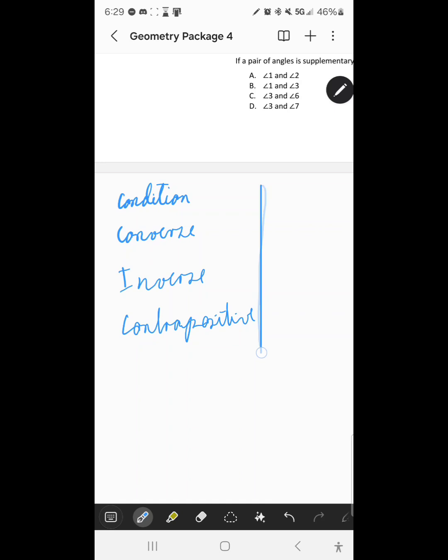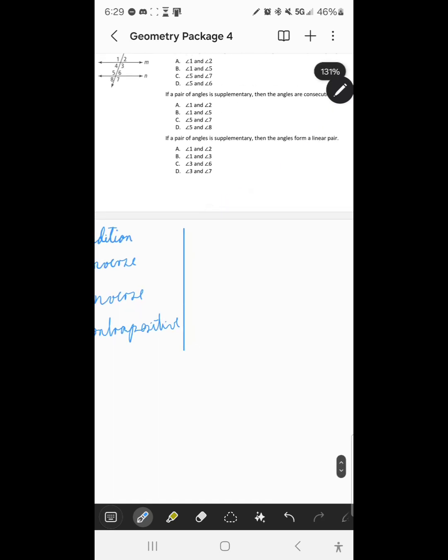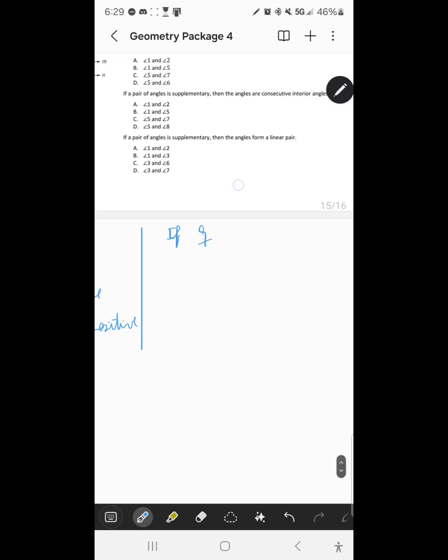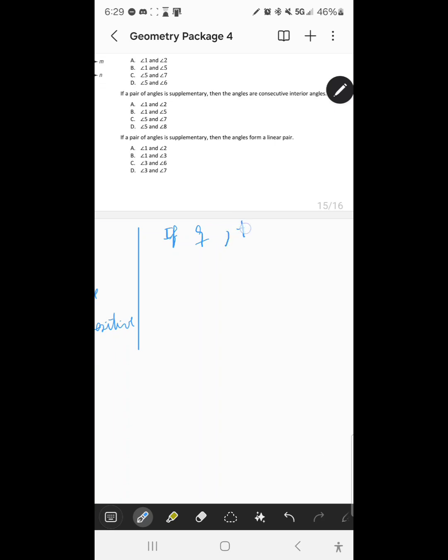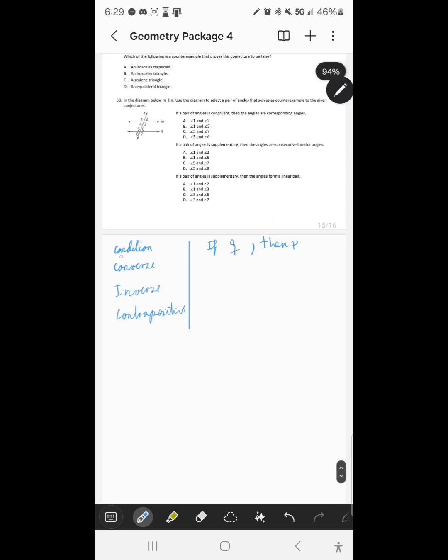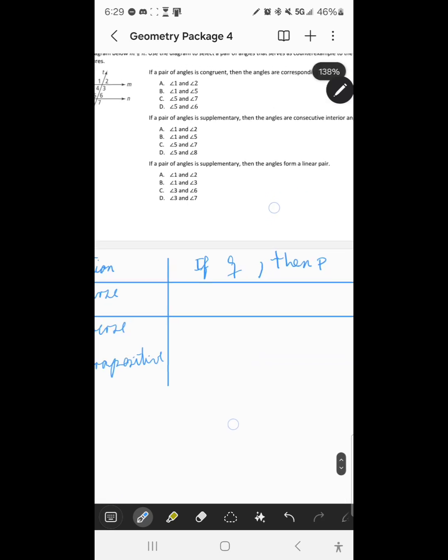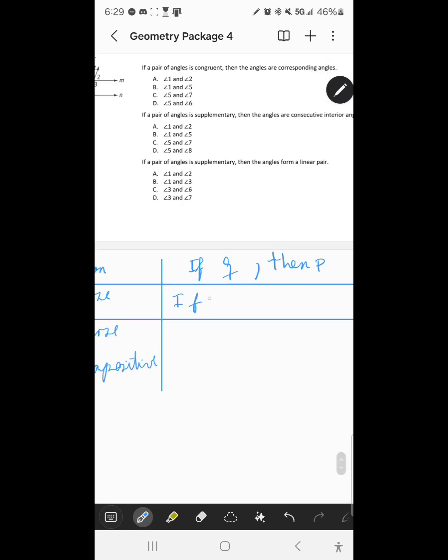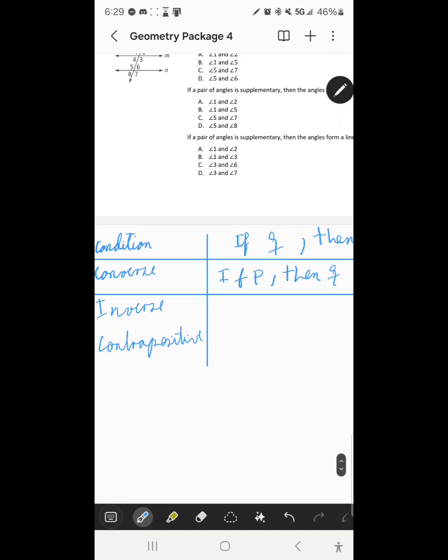The conditional is going to be: if Q, then P. Now the converse is you saying: if P, then Q. It's just changing, like putting the last part at the beginning.